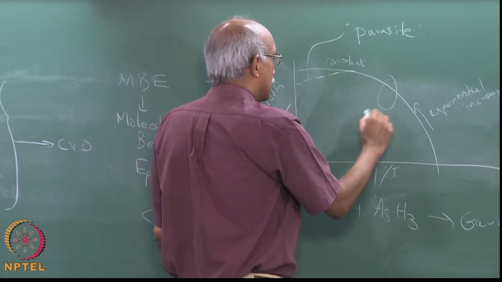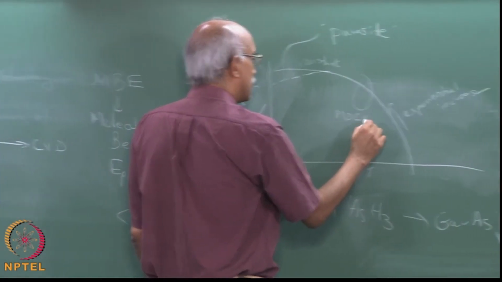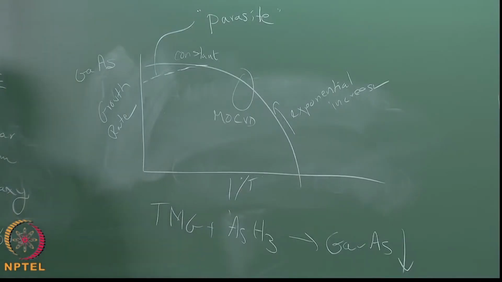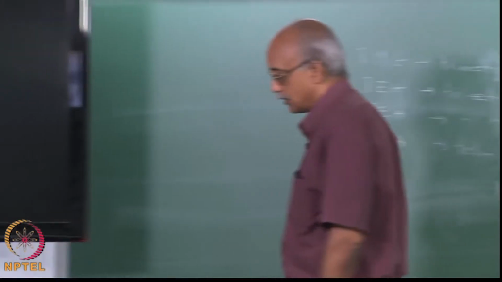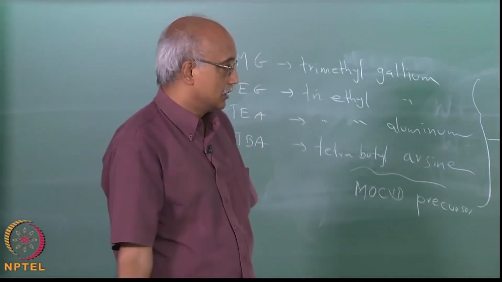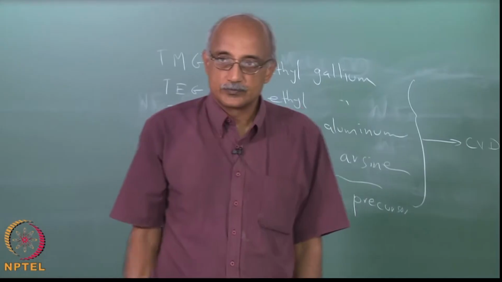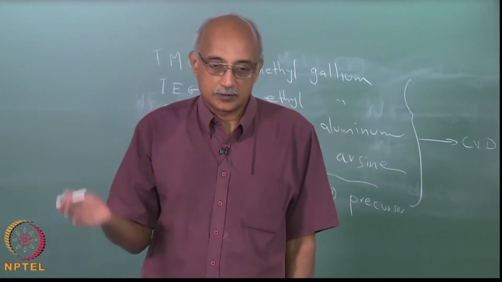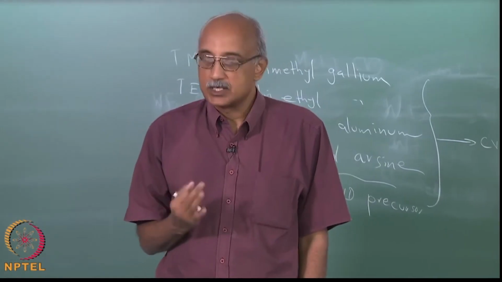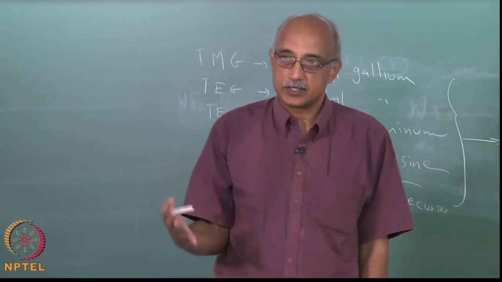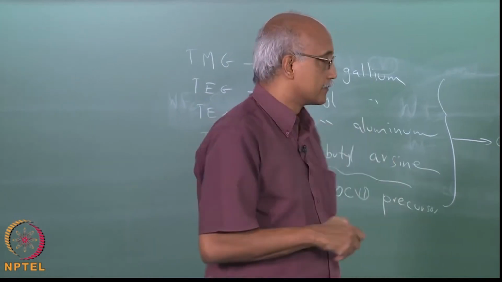Typically MOCVD is operated in an intermediate range where there is still a significant effect of temperature, and the conditions are not so reactive that you start forming all of these essentially unwanted or undesirable reactions either in the gas phase or on the surface.